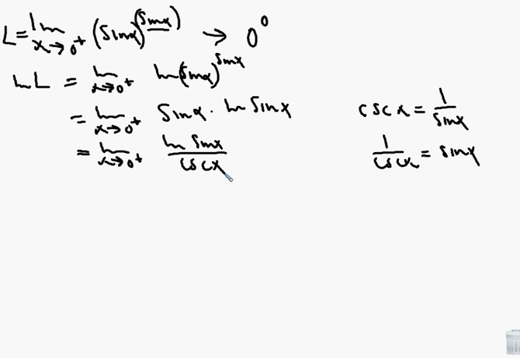This probably has to do with why we're coming from the right. Both of these need to be coming from the right because both of these are asymptotes.